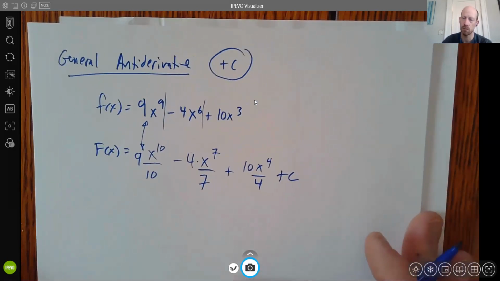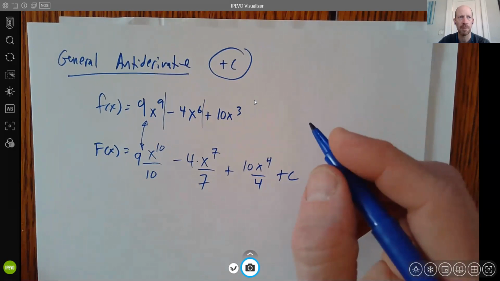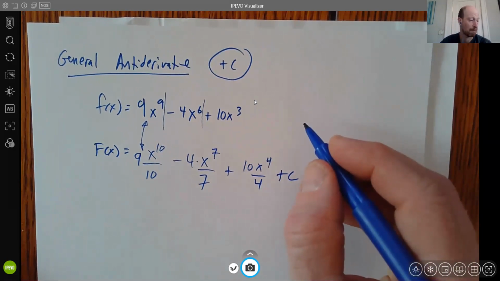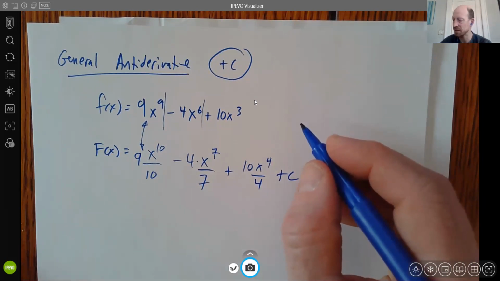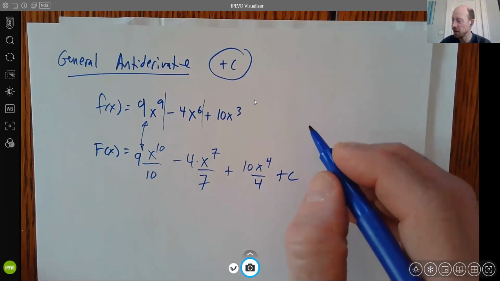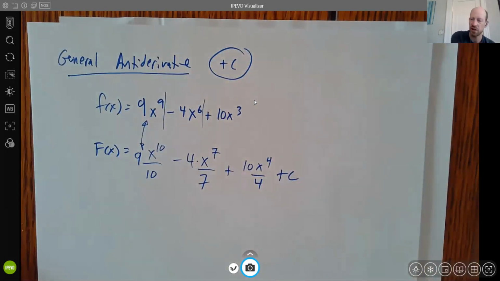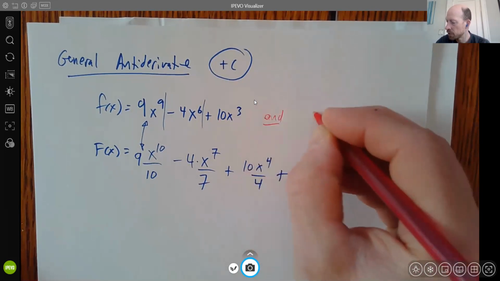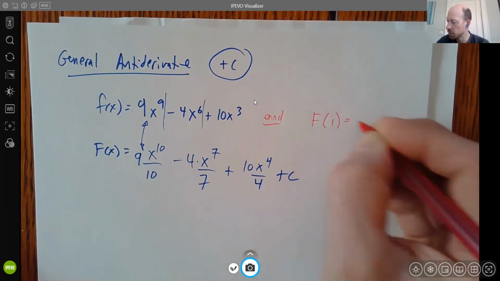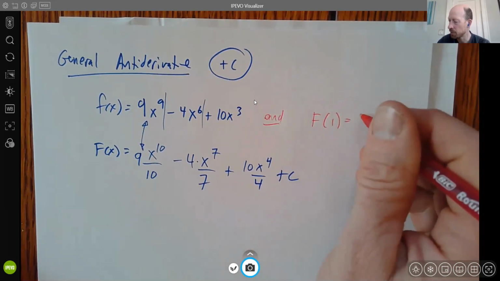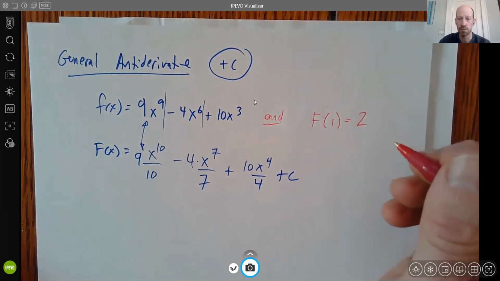Now, you will also see some problems where they ask you for a specific function. That's actually called a differential equation. But if I tell you another piece of information here, for instance, that f of 1 equals, well, it's a little bit of a messy example, but let's say f of 1 equals 2.